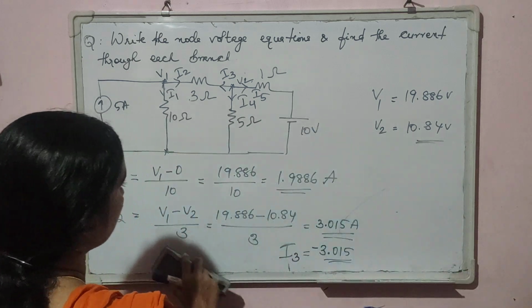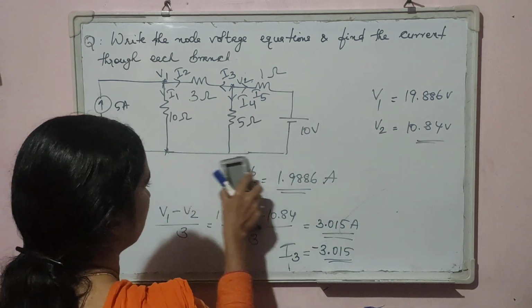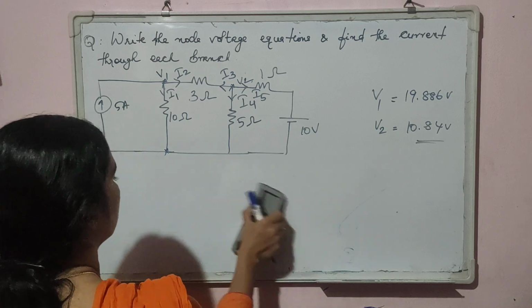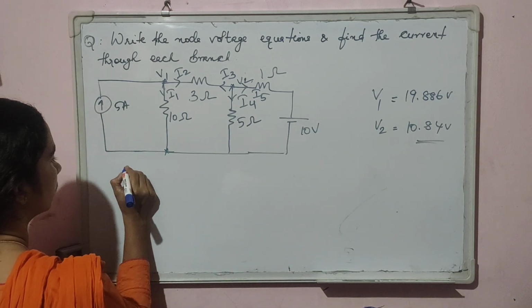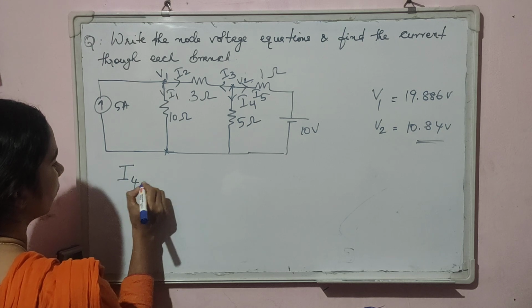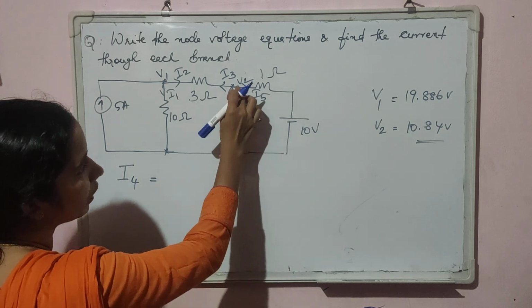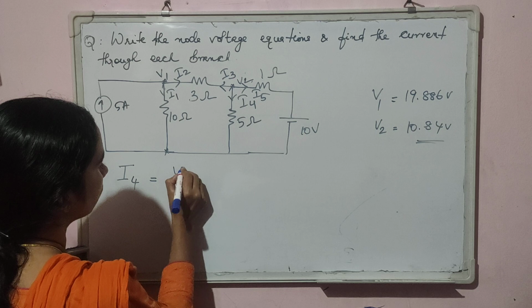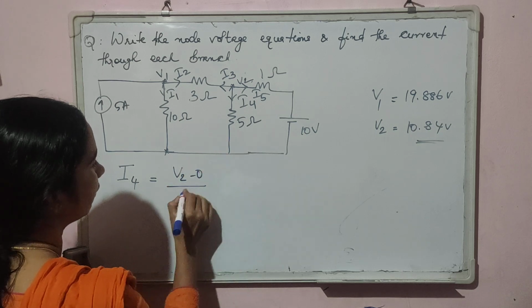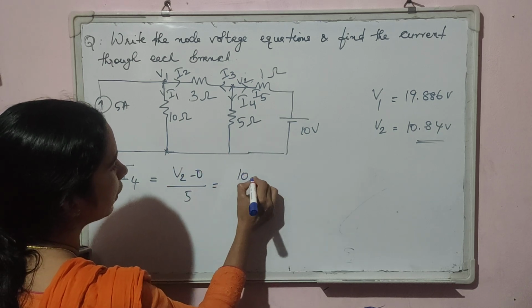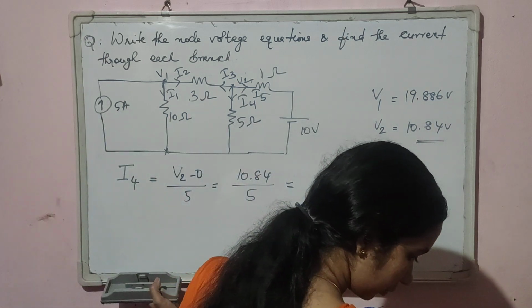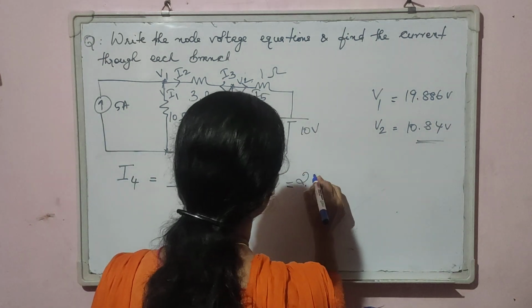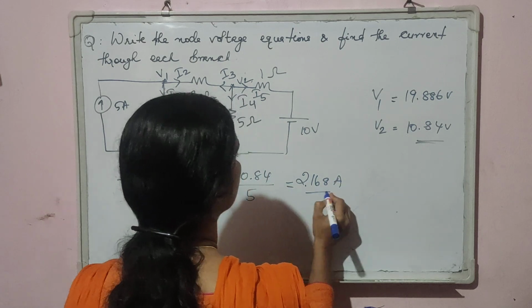So next is current I4. I4 is V2 minus 0 by 5, that is 10.84 divided by 5, and that will be equal to 2.168 ampere.